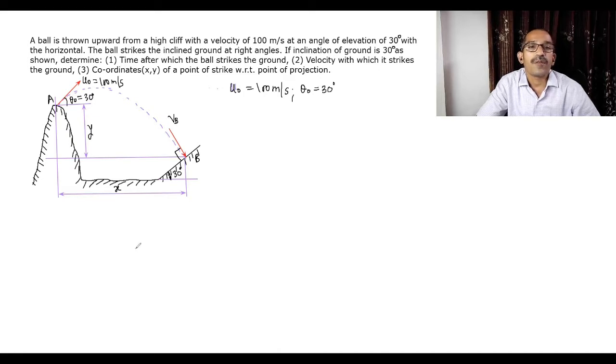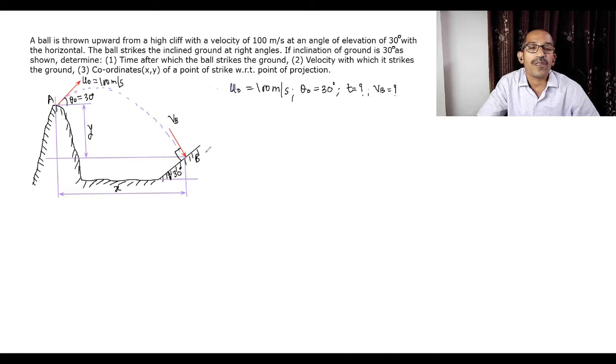Determine the time after which the ball strikes the ground. That means what the problem is asking is, number 1, the time of flight. Then the velocity with which it strikes the ground, that means we'll find Vb, the final velocity. Then the coordinates x, y of the point of strike.